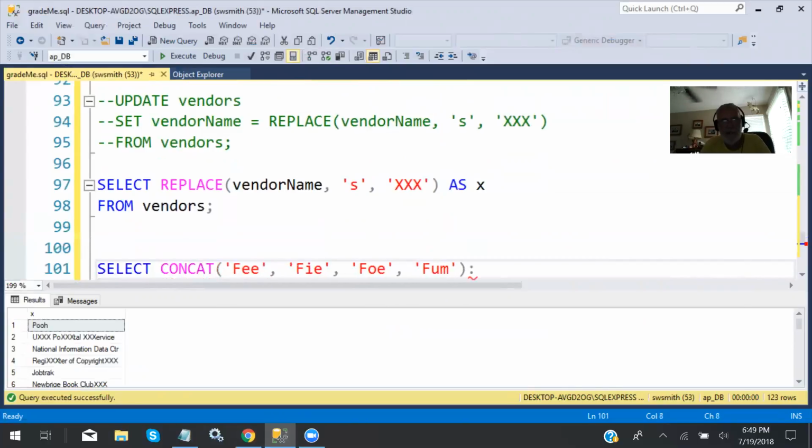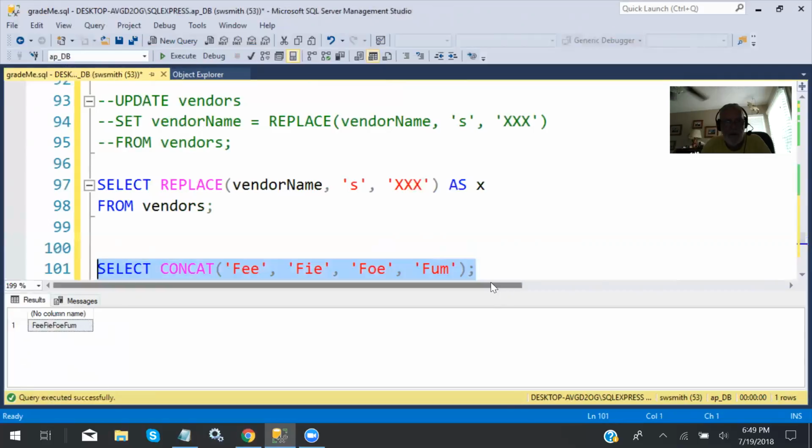By the way, select is how you print something also. If I execute this, fee-fi-fo-fum, I would get exactly the same thing.